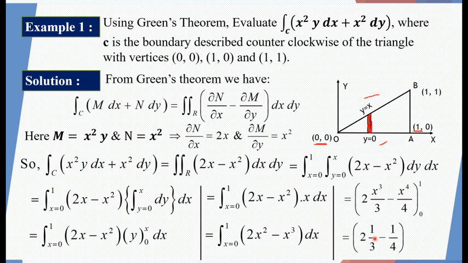On replacing the limits, we get 2 into 1 by 3 minus 1 by 4. Taking the LCM of 3 and 4 as 12, we multiply 4 with 2, so 2 fours are 8, and minus 3. So it will be 5 by 12. So this is the required solution of the given expression.